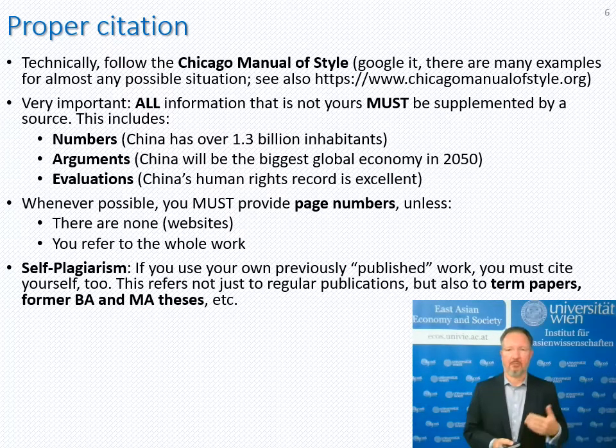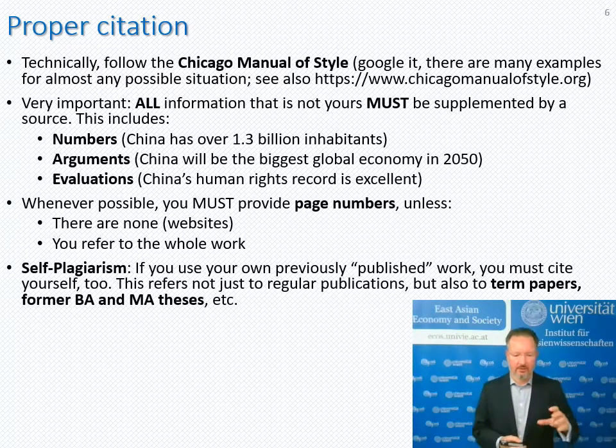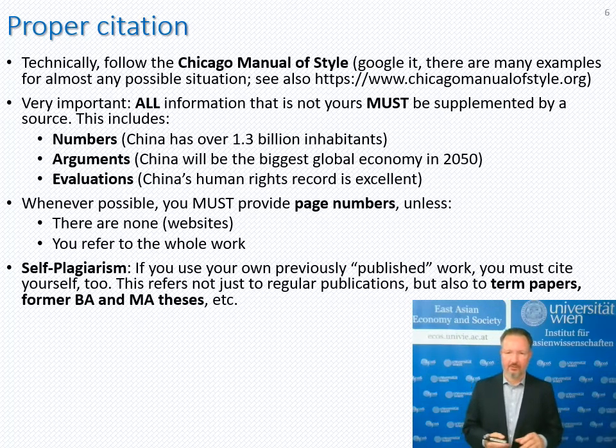There are things written about it. There are pages with examples, or you go directly to this URL that I've just included here on the slide. And they will show you exactly which types of citing you have, and what to put in italics and what to put in quotation marks, and whether to use a full stop or a comma or whatever. So it's all there nicely with examples.